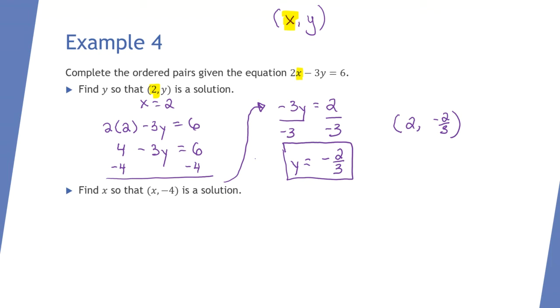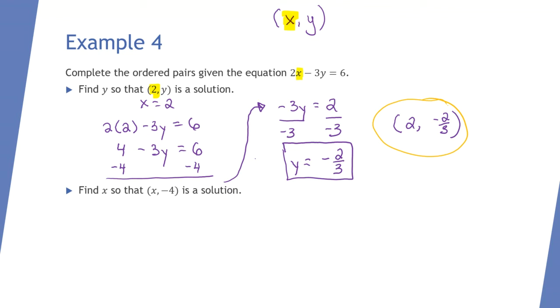Okay, now the next one here is find x so that x comma negative 4 is a solution. How do you graph negative 2/3? Okay, so for here, you wouldn't graph y equals negative 2/3. What you would graph is this, if you were to graph what it is a solution.